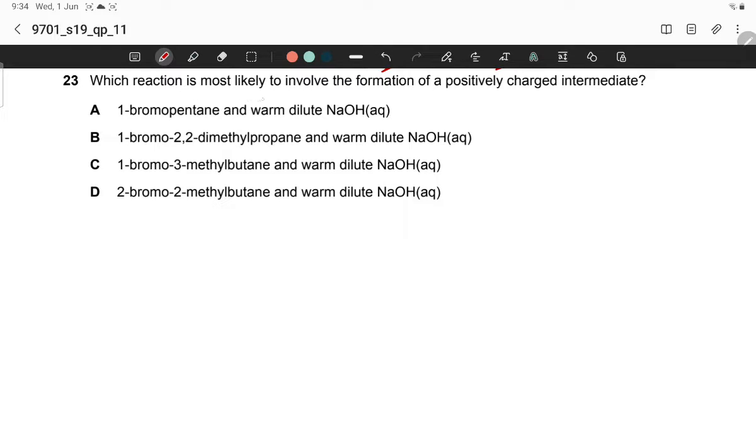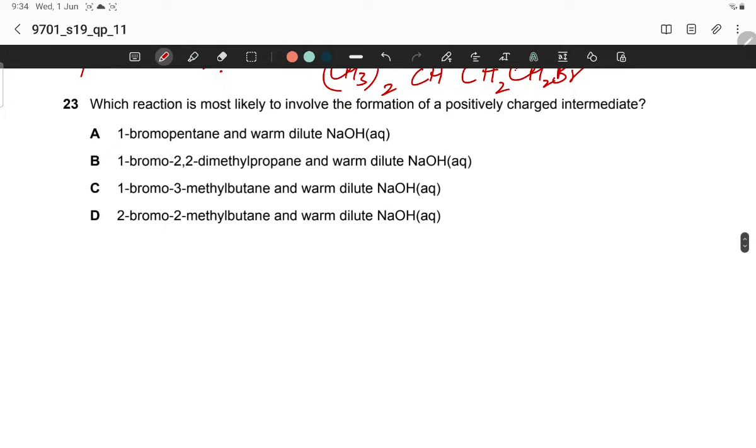Which reaction is most likely to involve the formation of a positively charged intermediate? 1-bromopentane, option C, 1-bromo CH2 CH2 CH3 with warm dilute sodium hydroxide.